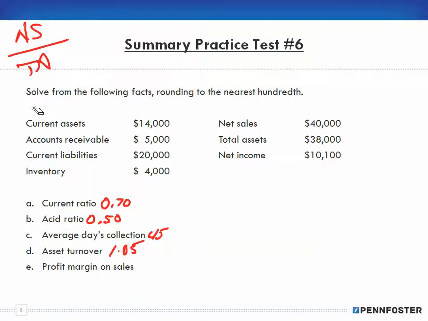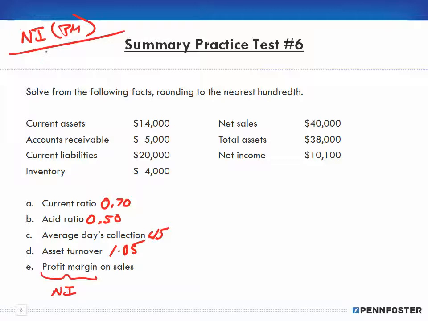And lastly, profit margin on sales. In the previous video, we said profit margin was the same as net income. So the formula would be net income, or profit margin, depending upon how the information is presented to me, over my net sales.